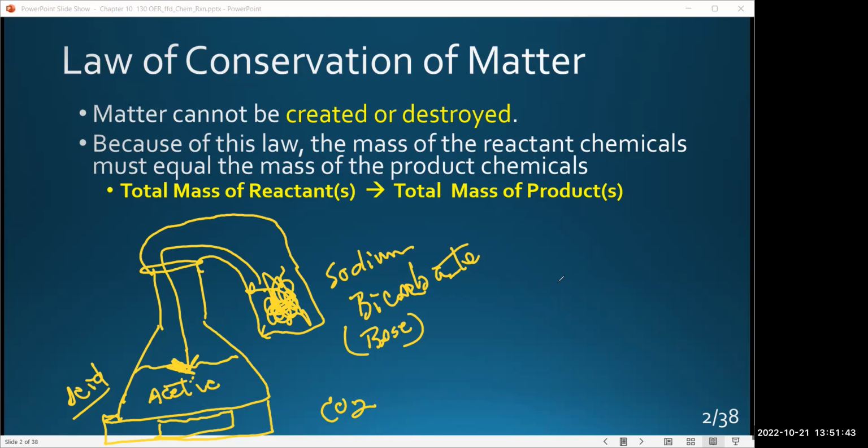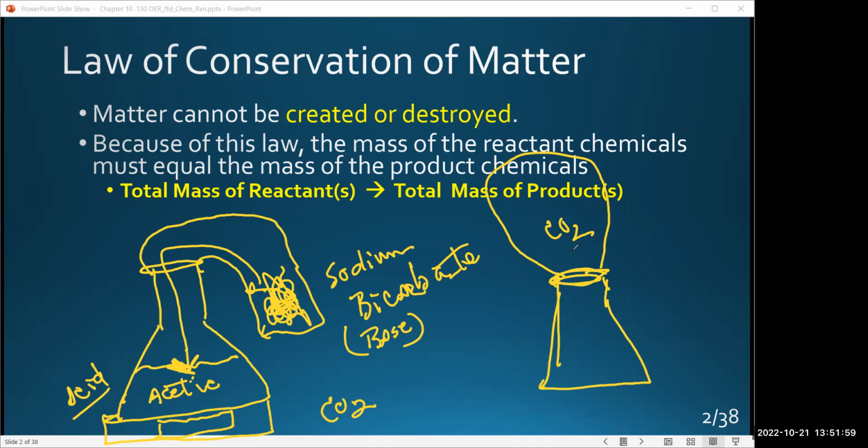So hopefully you can see that the balloon would capture the CO2. We have the liquid sitting in here, and we weigh this on the analytical balance, and that could be, let's say, 100 grams of material that we measure before we add the bicarbonate.